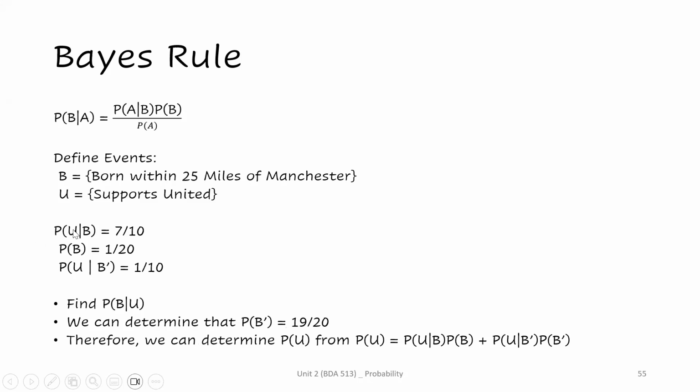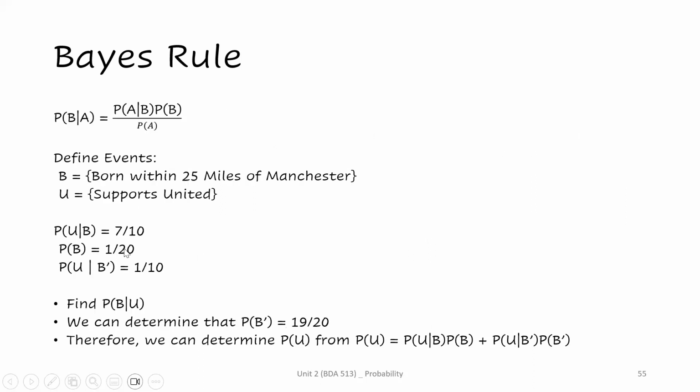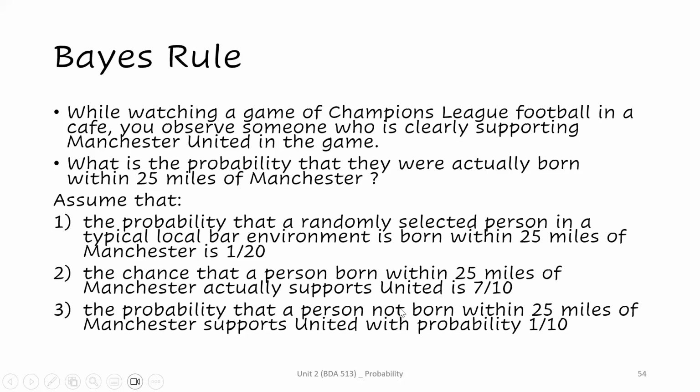So that is what we have here. The person supports Man U, given born within 25 miles, is 7/10. Now, we are told that the probability that a randomly selected person in a typical bar is born within 25 miles is 1/20. Then we are told that the probability that a person not born within 25 miles of Manchester supports United is 1/10.